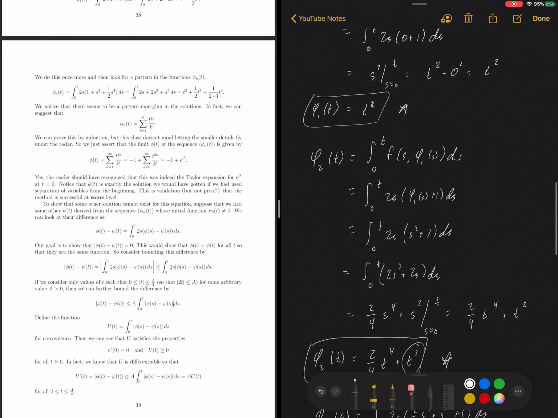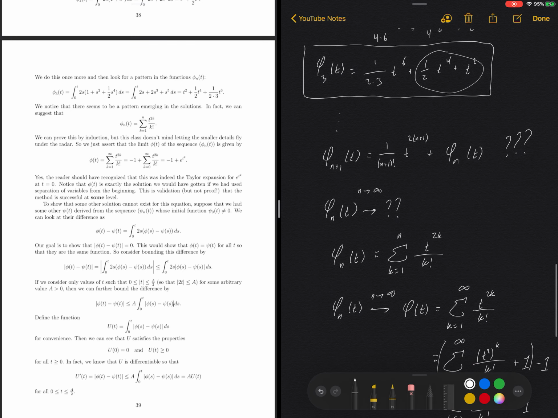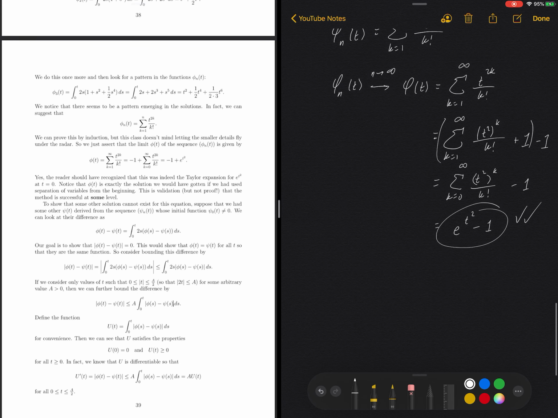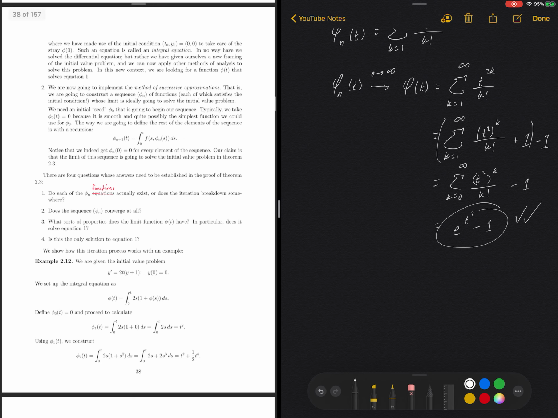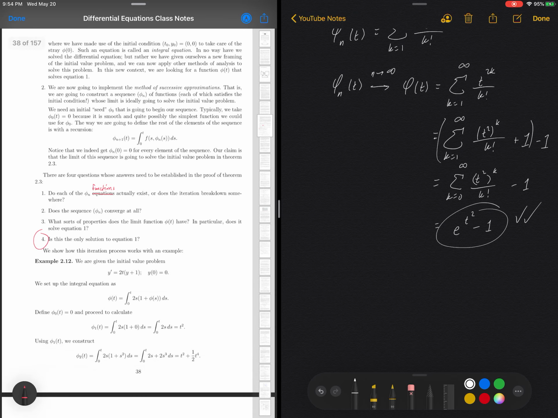So we're looking at this initial value problem up here, and we showed directly that this had a solution of e to the t squared minus 1, and then we showed through Picard's iteration that we strongly suspect that this has a series solution that matches that of the function e to the t squared minus 1.